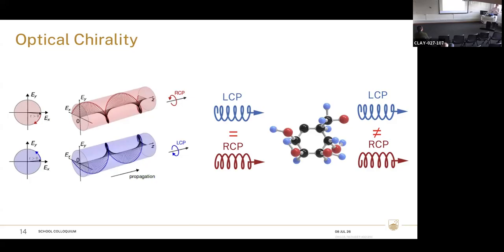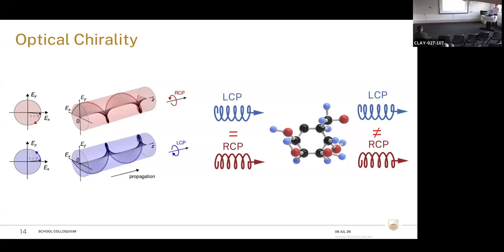That was geometric chirality. Optical chirality means that the object will interact differently with right circularly polarized light and left circularly polarized light. So the same molecule of glucose in solution will interact differently with left and right polarized light.